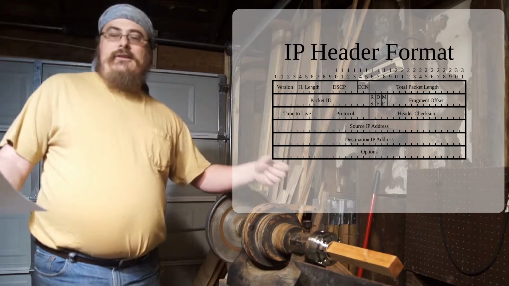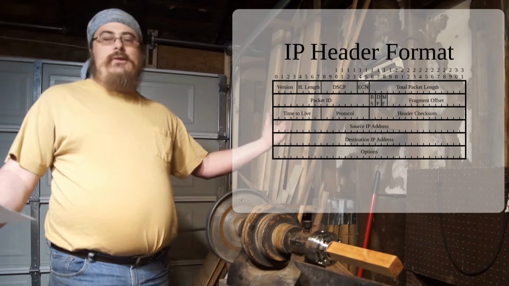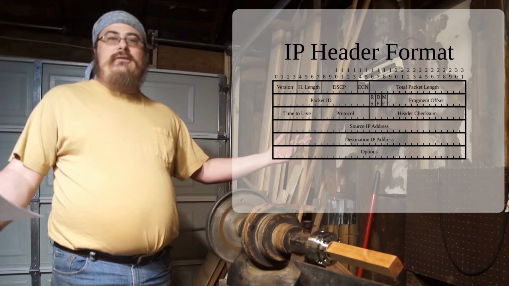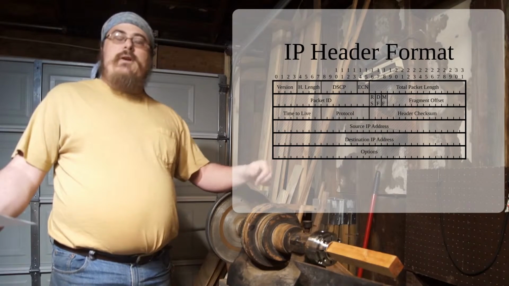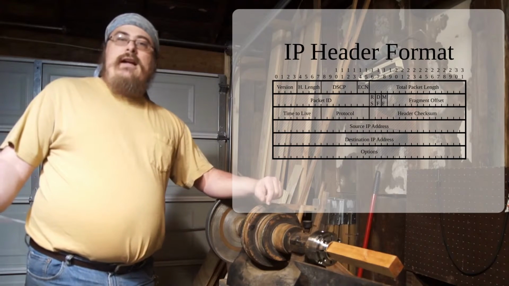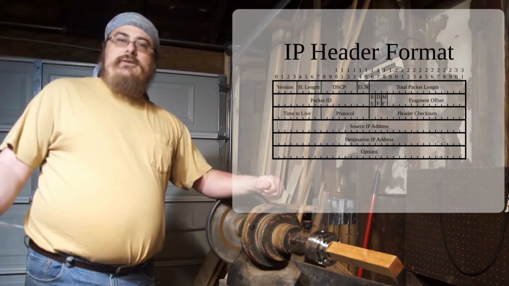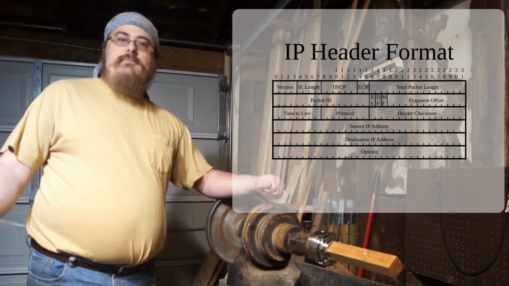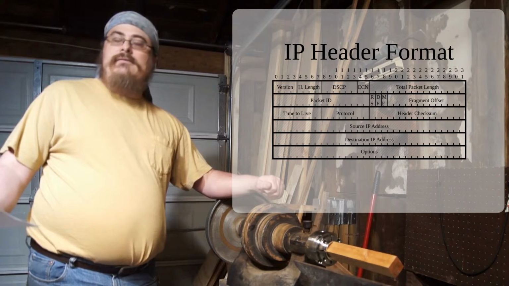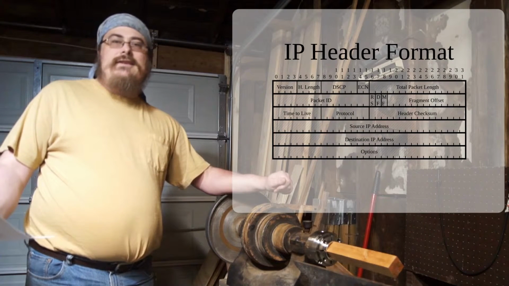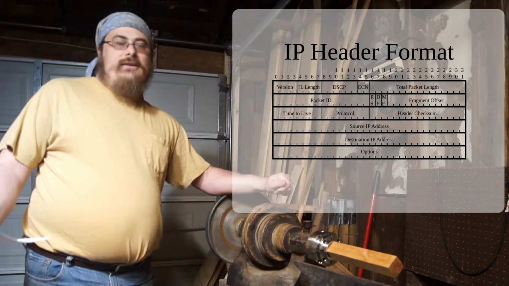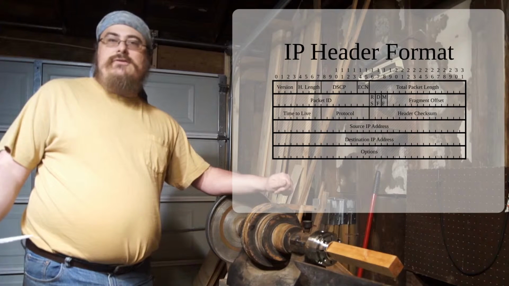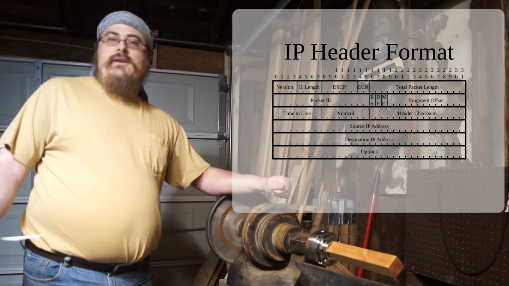After that, you have the TOS or DSCP section, which gives a router information on how this packet should be handled, if it should take priority or if it's just a bulk packet that can wait. Next is the ECN, which only takes 2 bits. This is used for dealing with congestion.